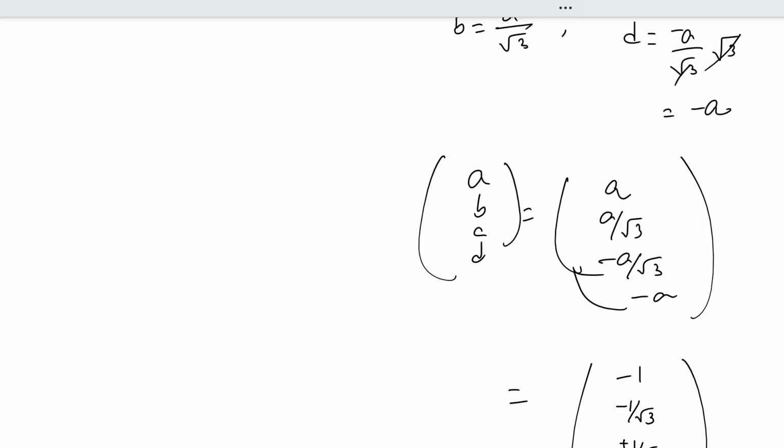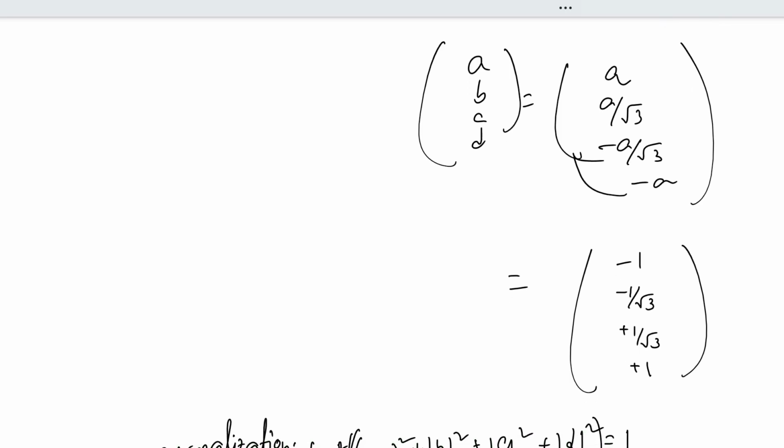So m naught squared is equal to 1 divided by, this is 2 plus 2 by 3, which is 8 by 3. So this is 1 by 8 by 3, which is equal to 3 by 8. That means m naught is equal to root over 3 by 8. So here you have the normalization factor after normalization is 1 by m naught, that is 1 by root over 3 by 8.